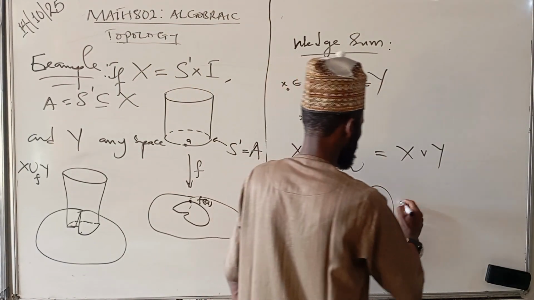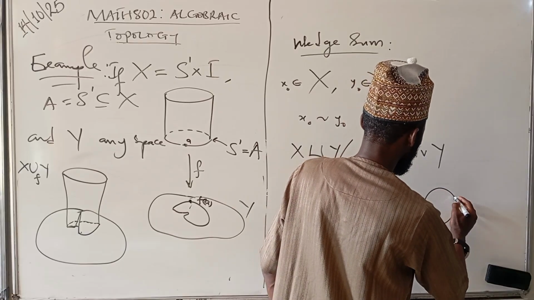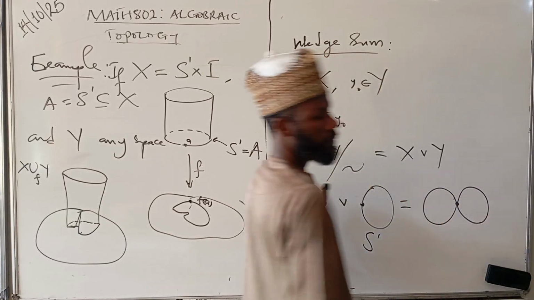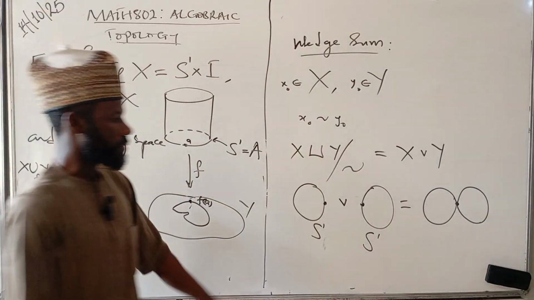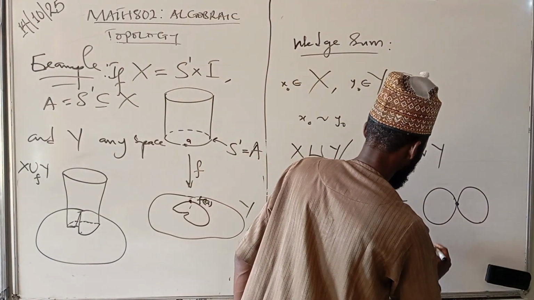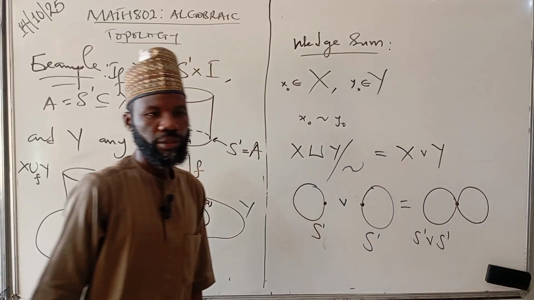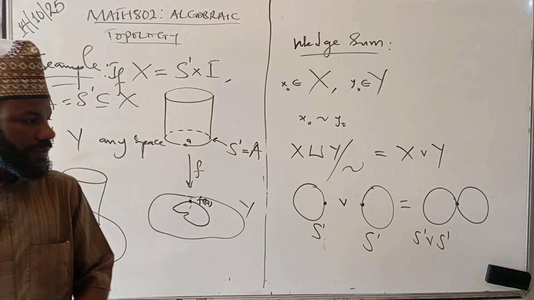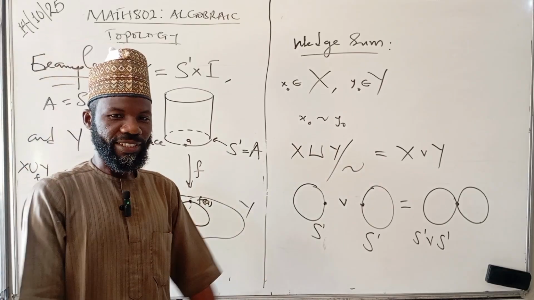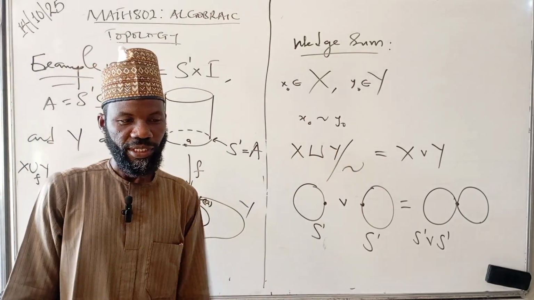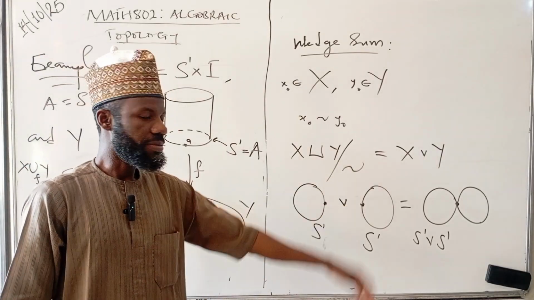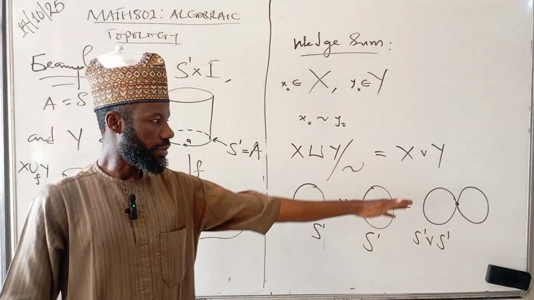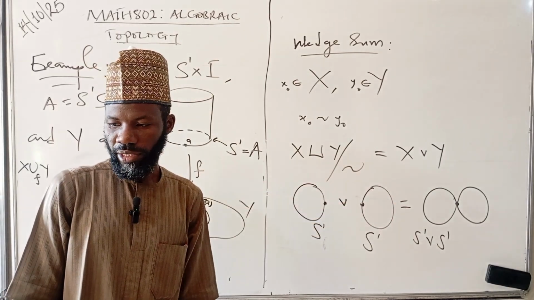This is the wedge of S1 and S2 cycles. And this space now is not homeomorphic to the cycle. It's a new space we created. In fact, it's not even a manifold. The cycle is a manifold, but when you form the wedge, you don't get a manifold.